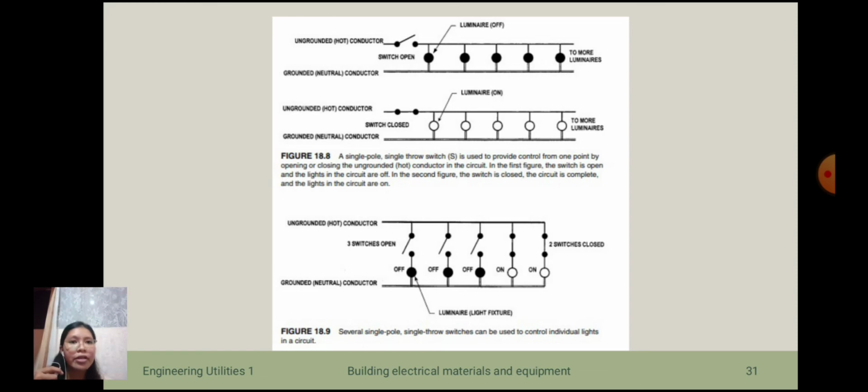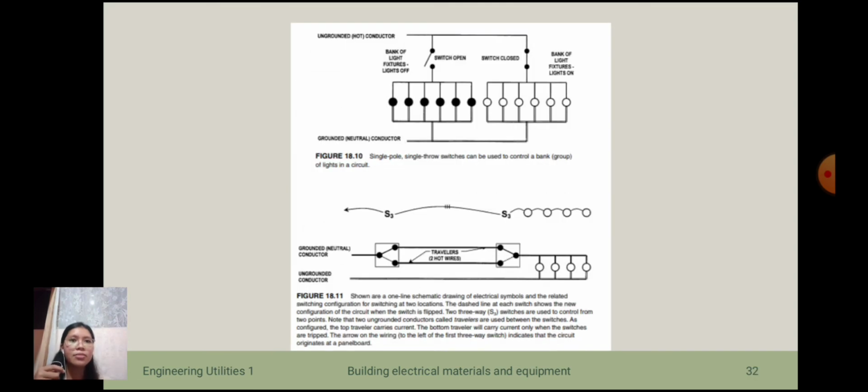And then the next is that several single pole, single throw switches can be used to control individual lights in a circuit. So ito naman is the single pole, single throw switches can be used to control a bank or a group of lights in a circuit.